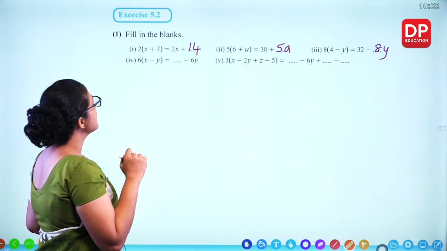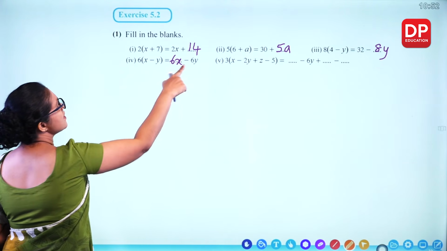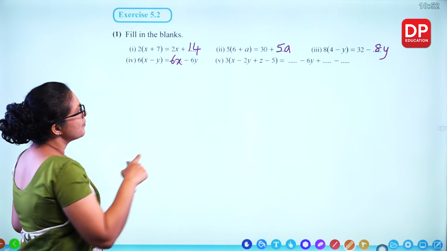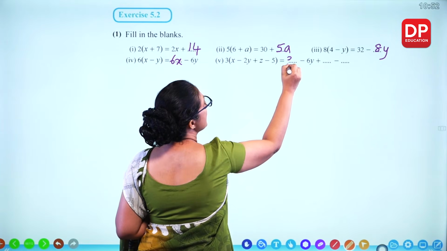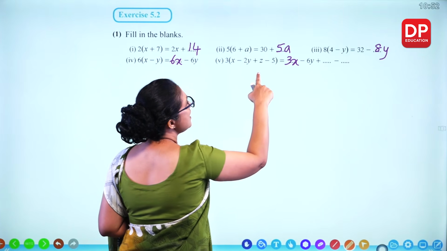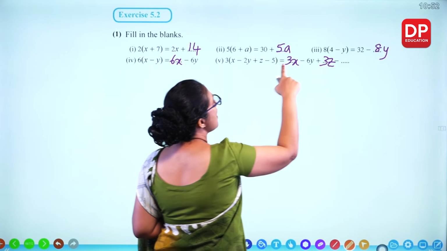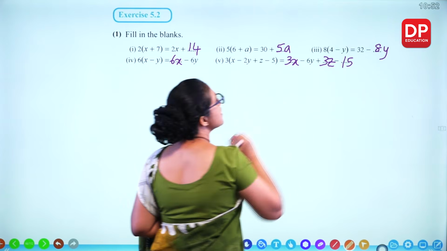This one, 6 times x, 6x. And the other one is minus 6y. 3 times x, 3x. This is done. And 3 times z, 3z. And 3 times minus 5, minus 15.